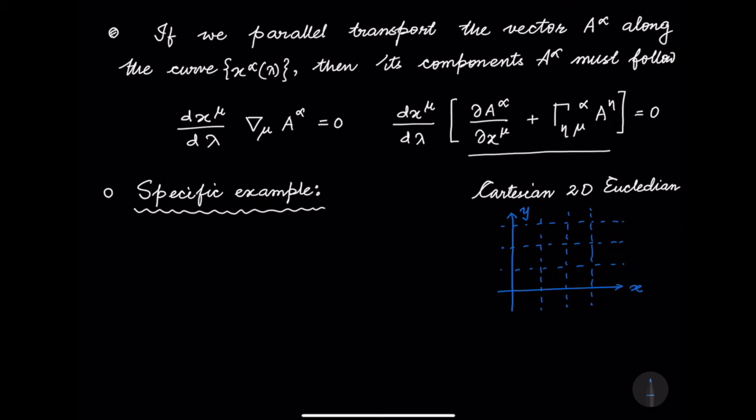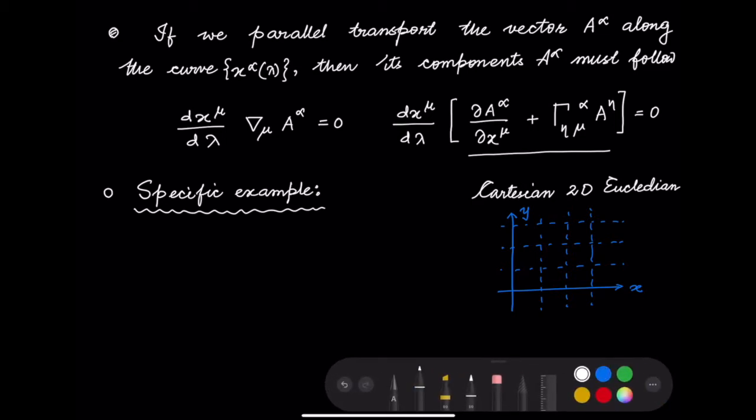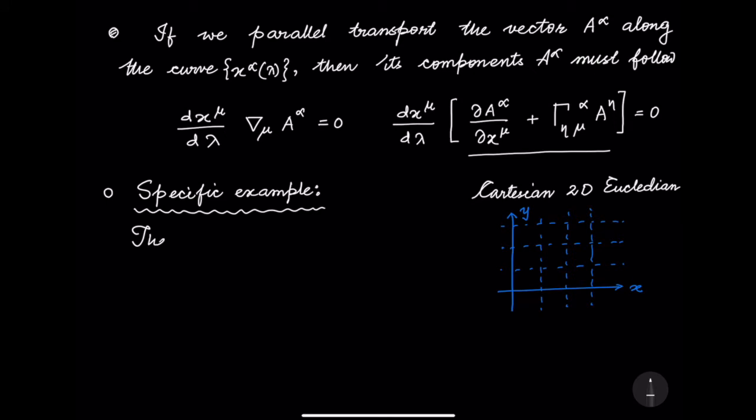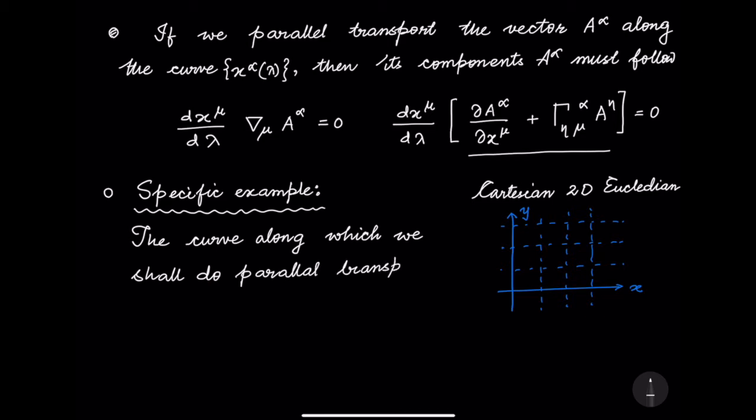We'll think of a similar concept here, where for this specific example the curve along which we shall do parallel transport is such that the parameter lambda is essentially one of the coordinates, say the coordinate beta.